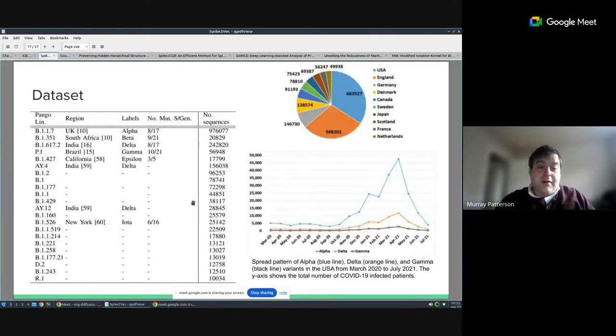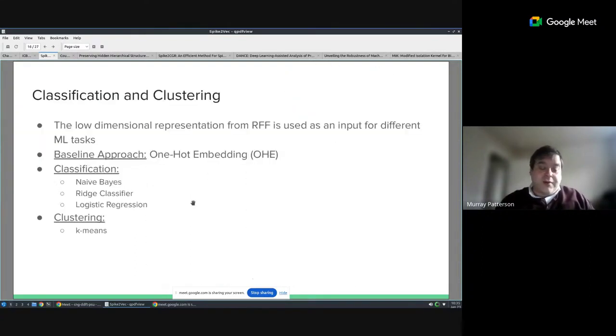So what we did was we used these ground truth labels that are in the GISAID database for the purposes of classification.